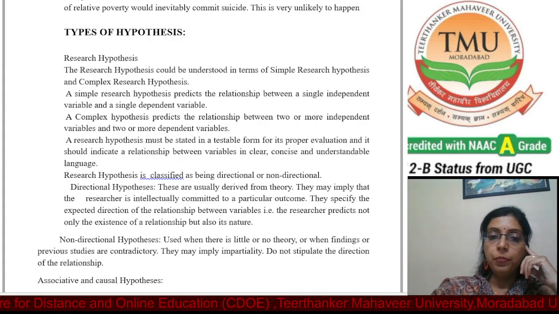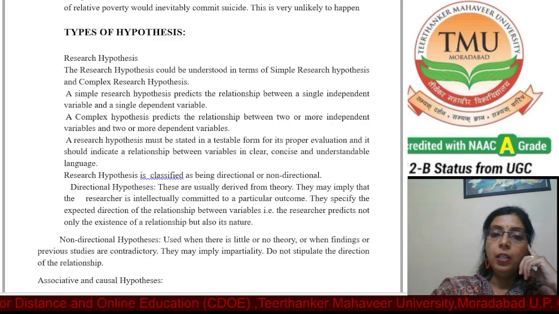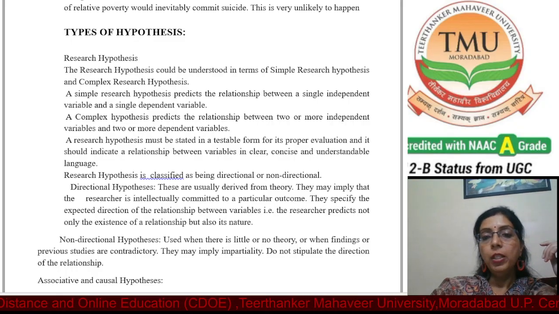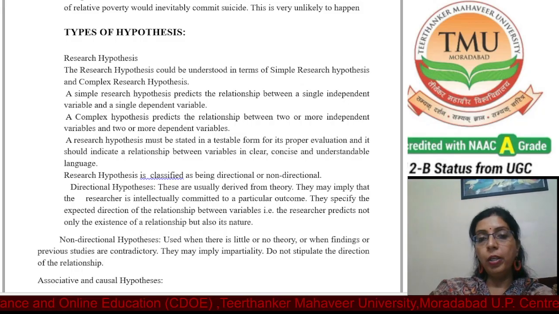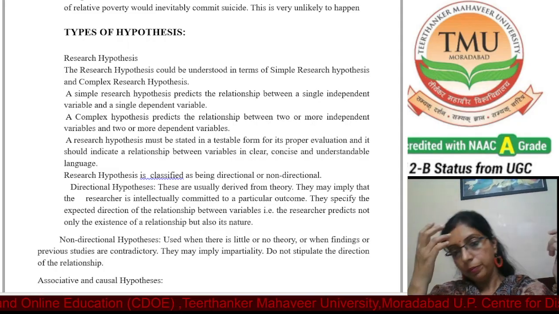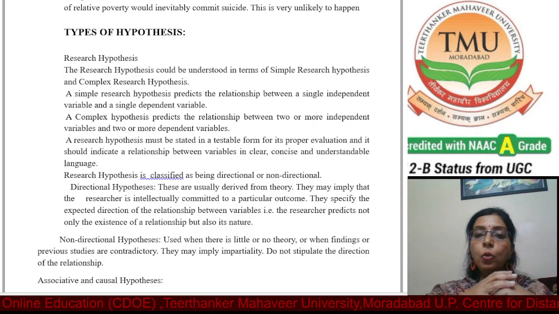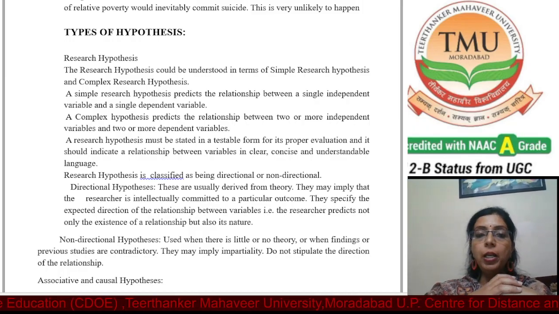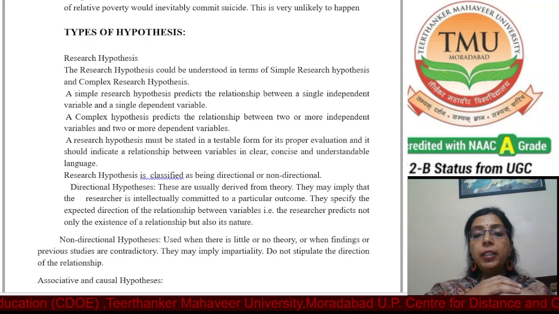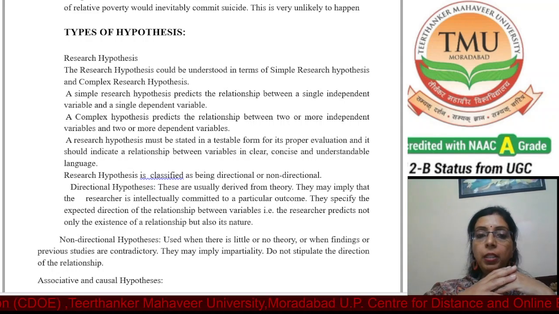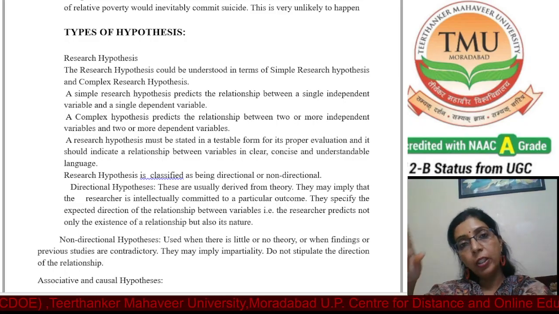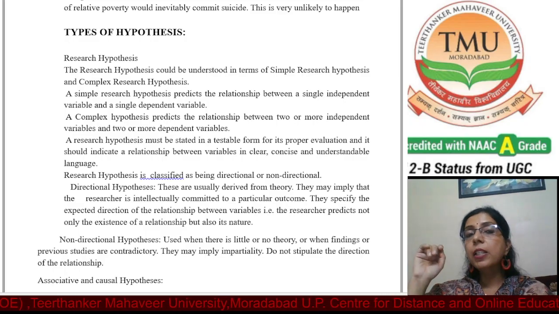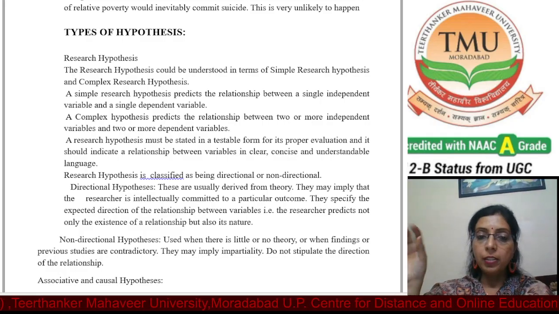For example, there is a difference in the academic achievement of B.Ed students enrolled in open universities, is a non-directional research hypothesis. Although the hypothesis stipulates that there is a difference in academic achievement, the direction of the difference is not specified by the researcher.